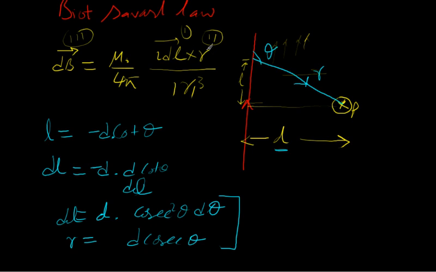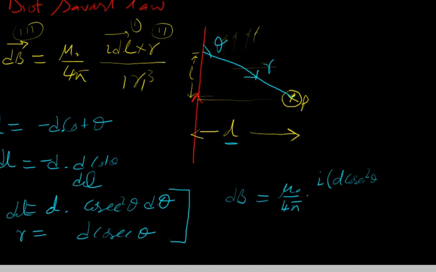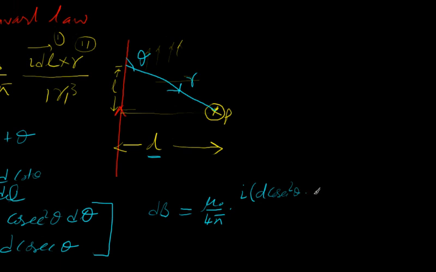Then dB will be equal to mu naught by 4 pi, I, dL is D cosec square theta d theta, divided by R squared, which is D cosec theta, and one more thing, sine theta, because I dL cross R gives I dL sine theta.